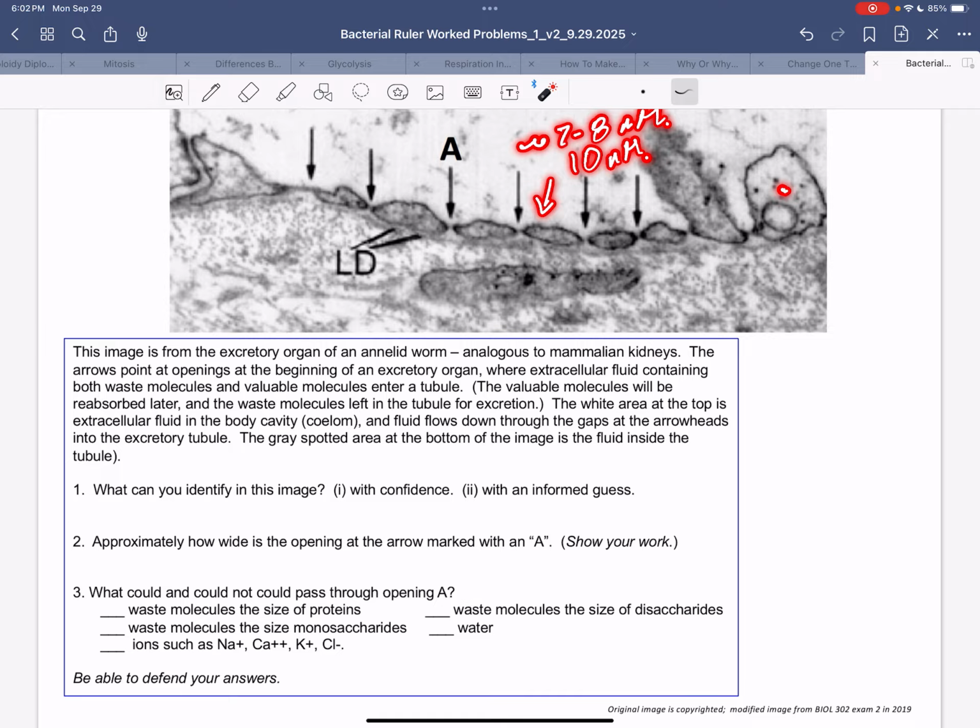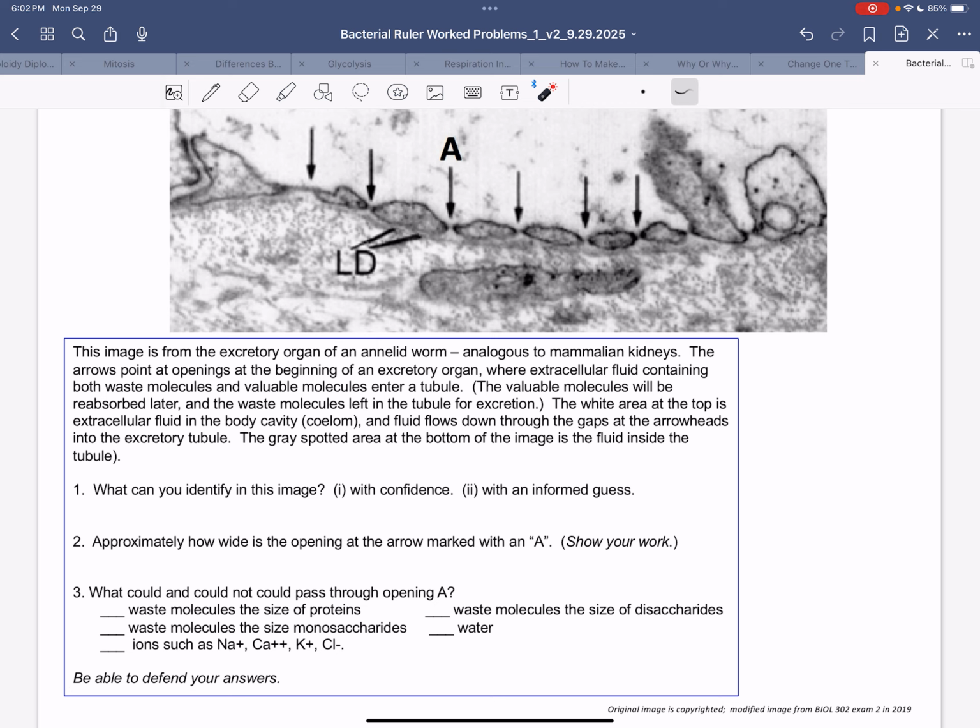If that's 10 nanometers, that line, then these cannot be ribosomes, because ribosomes are bigger. When you see them along with membranes in the same image, what you'll see is the ribosomes are about 2 to 3 times as thick or wide as membranes. They're about 20 or 30 nanometers. So with confidence, pretty much just the membranes.